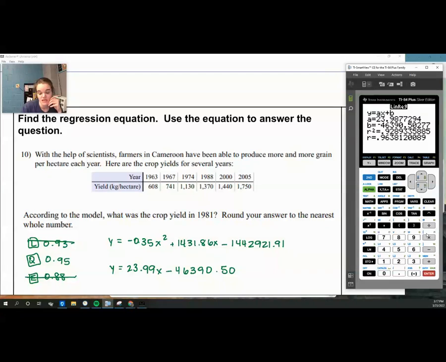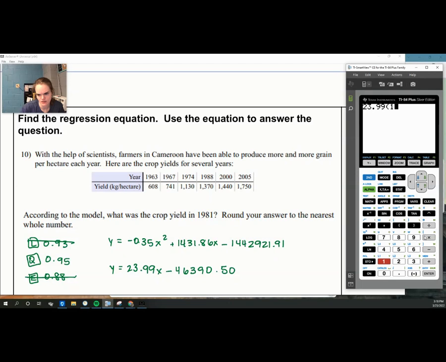Let's try this one. The reason the other wouldn't be a good fit is maybe every now and then there's an outlier, an extra number. We're going to talk about outliers next week, but some things can happen sometimes.